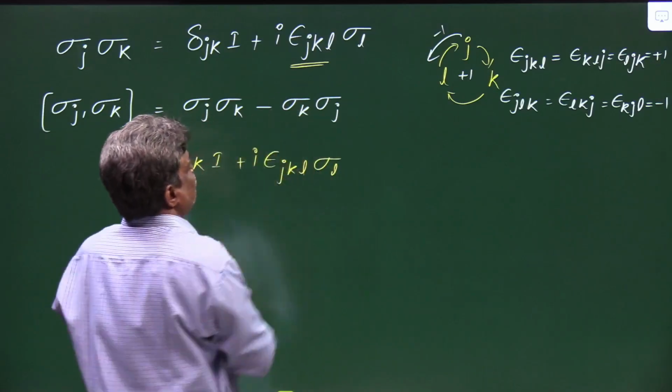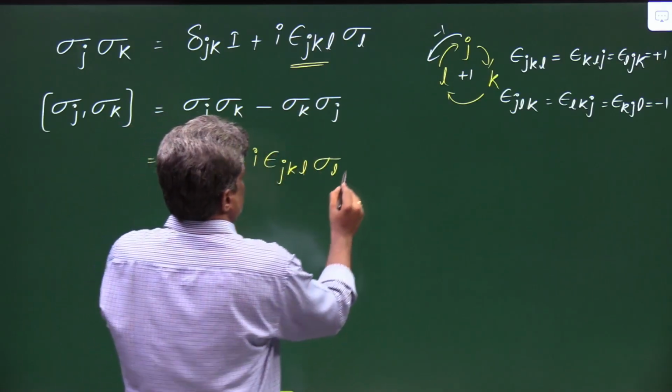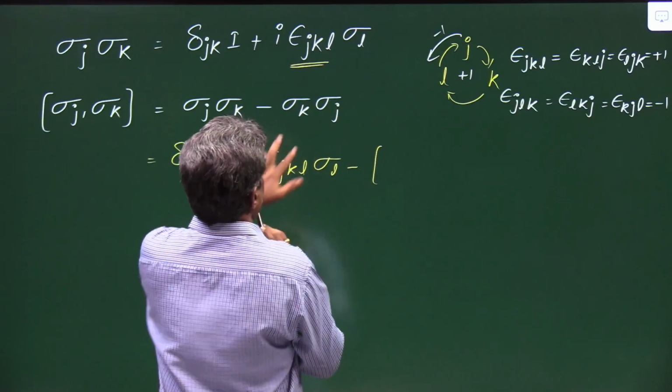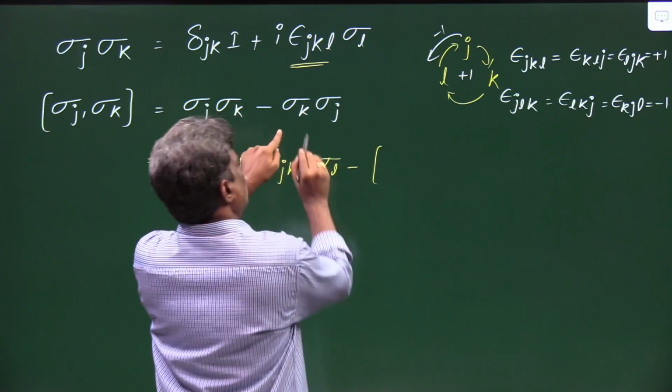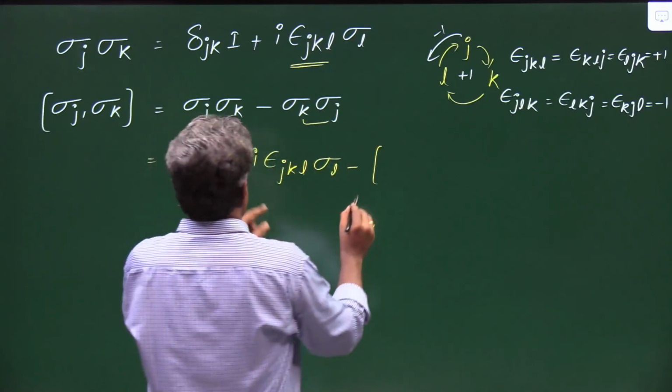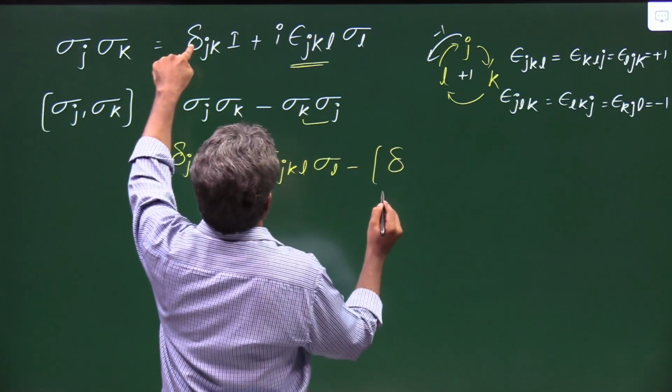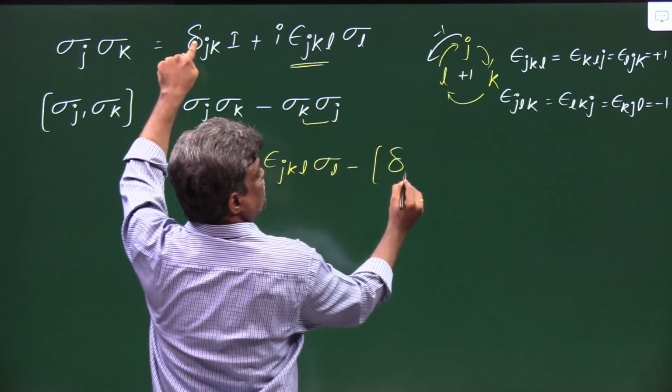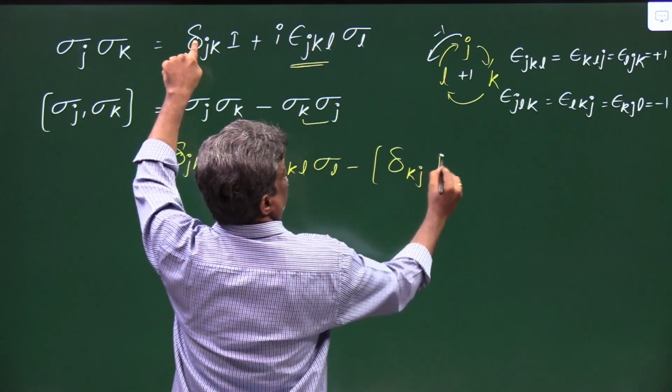Then how to write this? No need to get tension. So minus as it is. Now this is a sigma kj. Whatever the order they have given, just take that order only. Don't worry about that. That means delta, whatever the order they have given, please take kj I as usual.